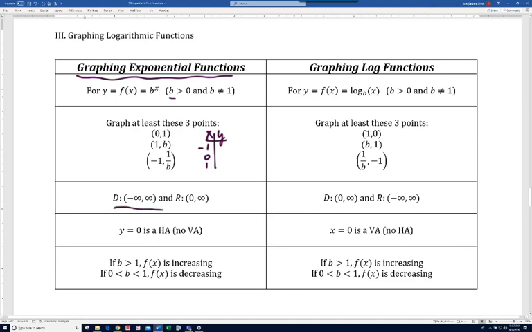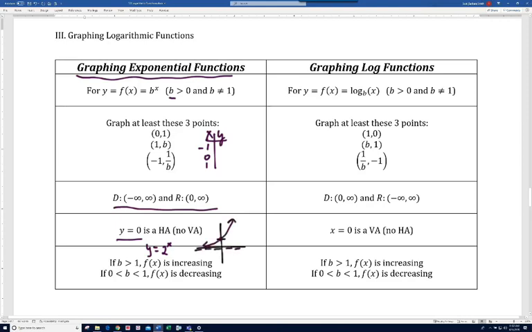Our domain and range for the most basic form is going to be all real numbers for the domain, 0 to infinity for the range. Y equals 0 is going to be a horizontal asymptote. Now, if the base is greater than 1, I would give you the example y equals 2 to the x.